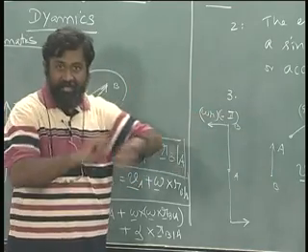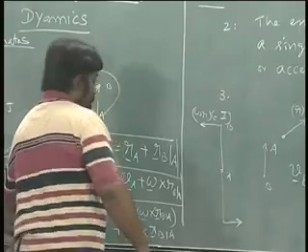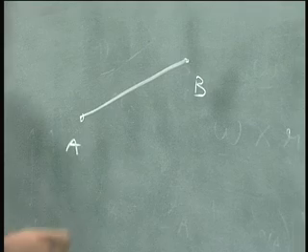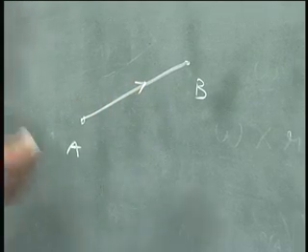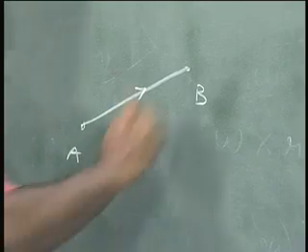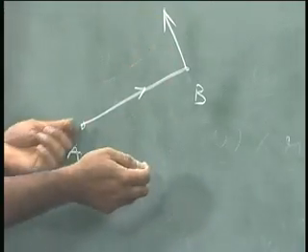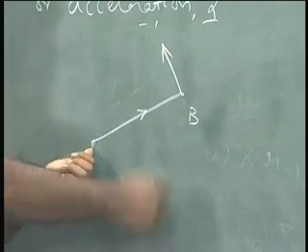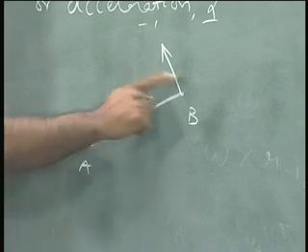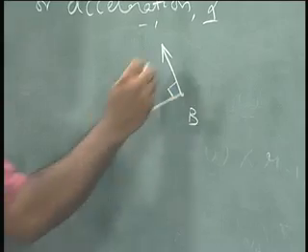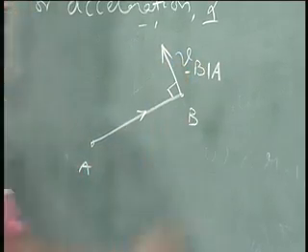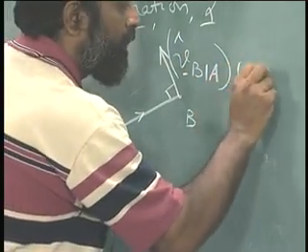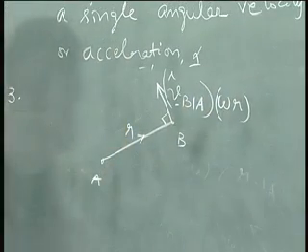So let me just erase this and write it to you in a very simple way. If this point is A, this point is B, the velocity of B with respect to A will be in a direction that is taking B in an anti-clockwise direction and tangential to this radial line, or in other words perpendicular, and this is V. This direction is given by this, omega times r, where r is this distance, is the magnitude.